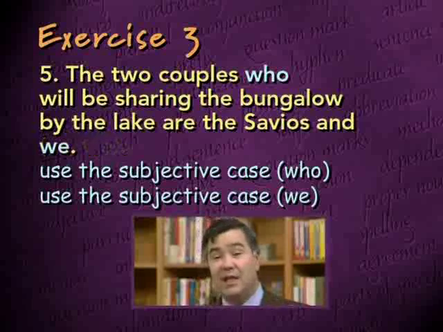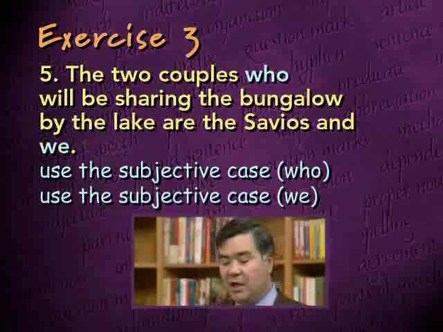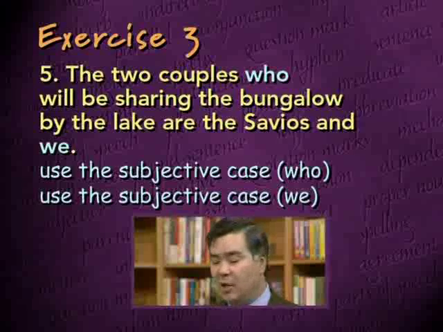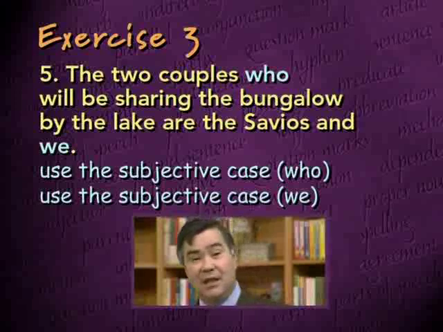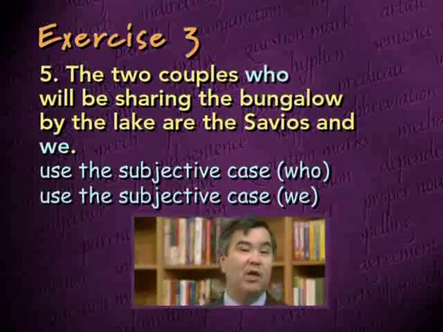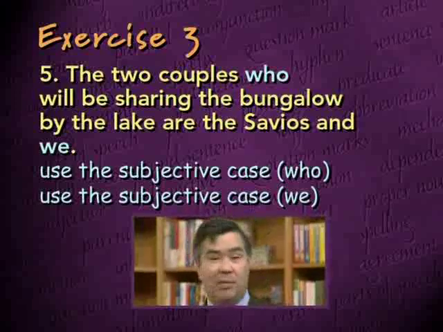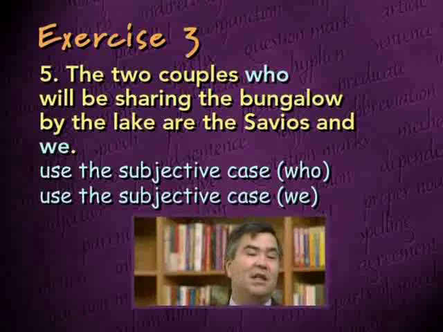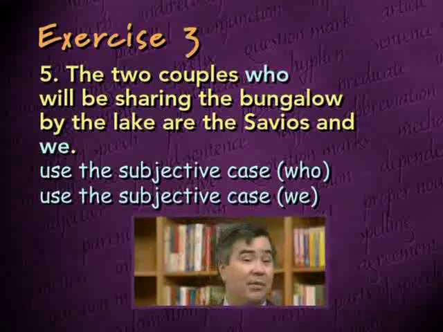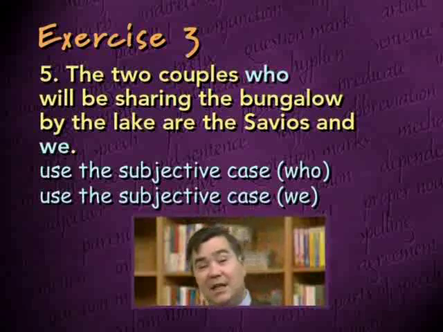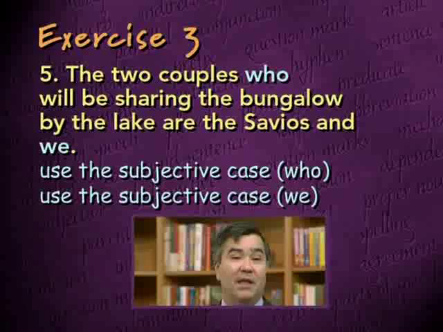So we, the subjective case, is correct. And the complete sentence should read, the two couples who will be sharing the bungalow by the lake are the Savios and we. That last pronoun is a little tricky because it's a compound situation, but again, just pretend it isn't a compound situation. Eliminate the other object, and you can clearly see that in this case it's a subject complement, and therefore the subjective case we is correct.